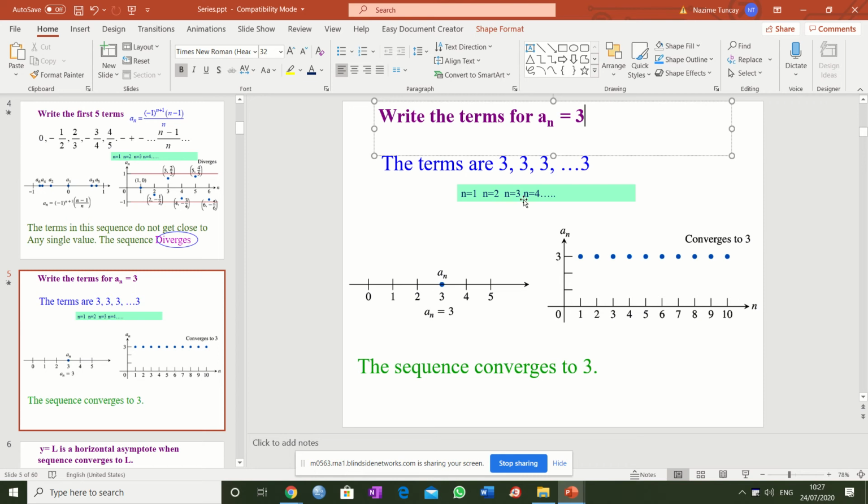For all values of n, we have range 3. So here you can see that it's 3 for all values of n, and thus we say it converges to 3. Because it's always 3, it goes to a number. In fact, it stays there, it doesn't go anywhere. And we say this converges.